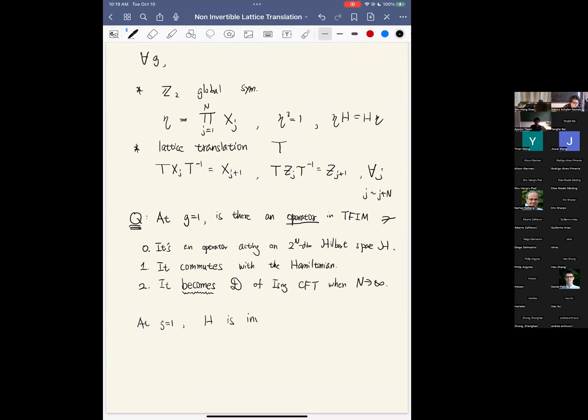And what is that transformation? At g equals 1, H is invariant under X_j to Z_j Z_{j+1}, and Z_j Z_{j+1} to X_{j+1}. As many of you might have already expected, this is nothing but the Kramers-Wannier transformation.